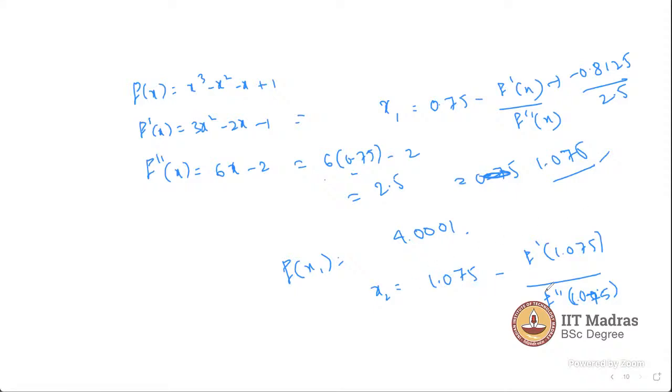Okay, what about the double dash of x? That's going to be 6 into 1.075 minus 2, so that's nothing but 4.45.